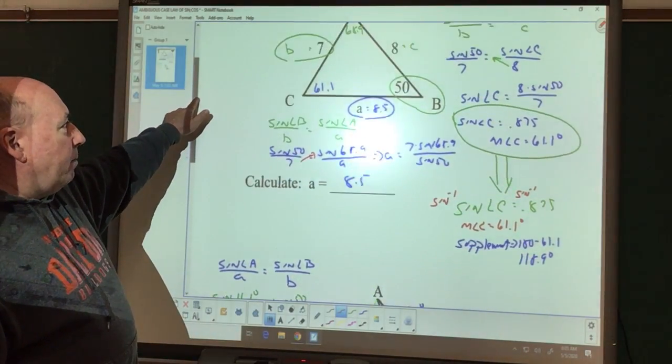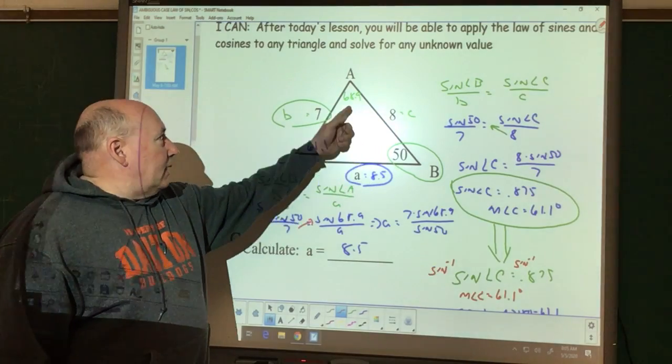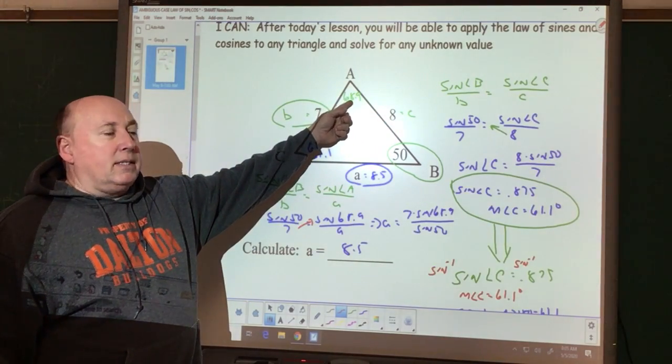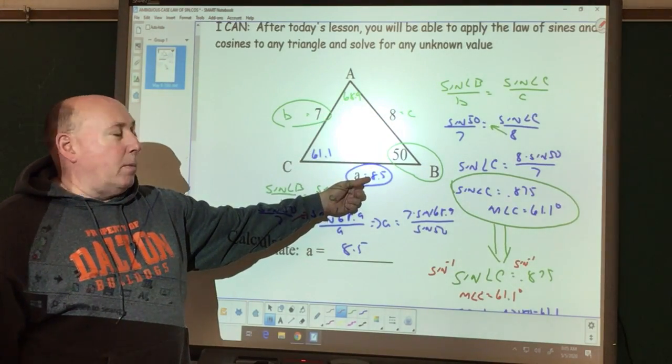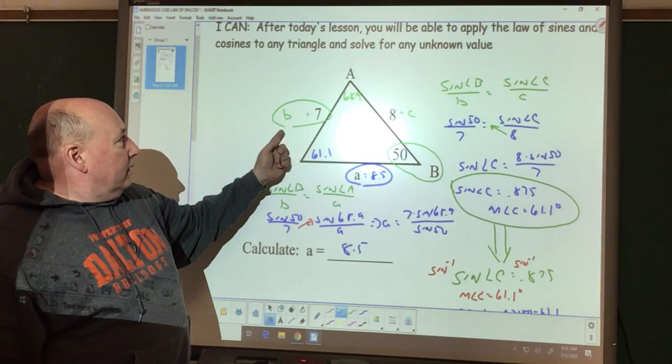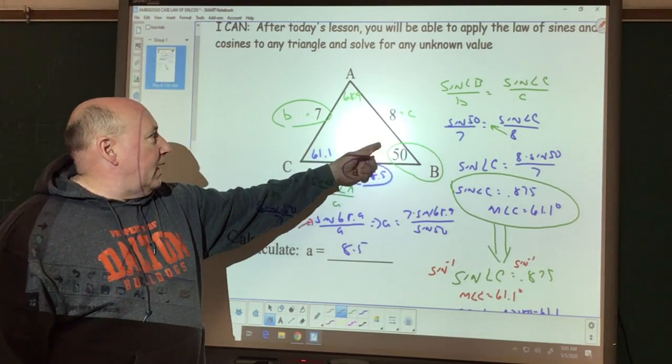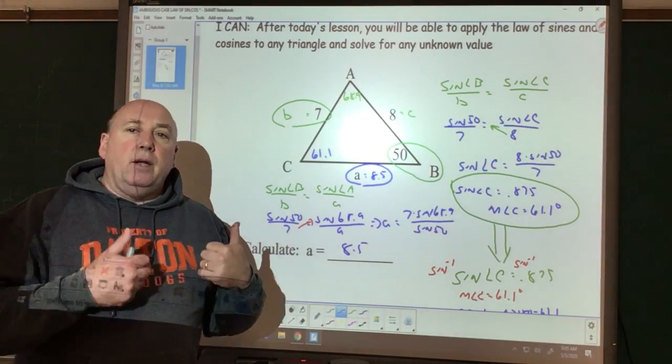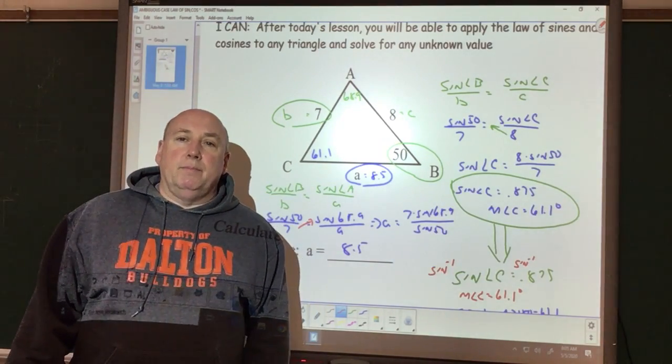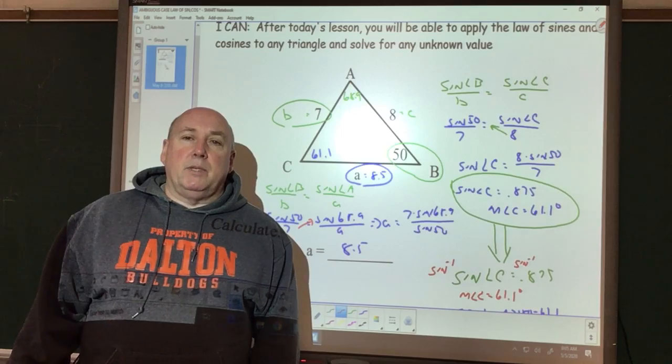If I take a look up here, 68.9 is my biggest angle, 8.5 is my biggest side, 50 is my smallest angle, 7 is my smallest side. Both triangles work. Both triangles are options.